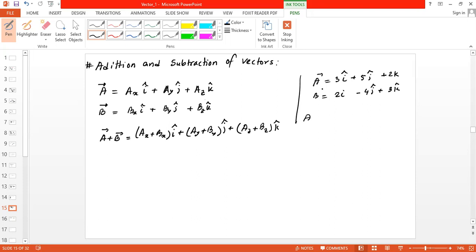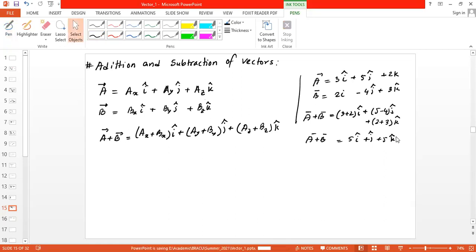So A plus B vector sum will be equal to 3 plus 2 i plus 5 minus 4 j plus 2 plus 3 k. So A plus B vector is basically equal to 5i plus 1j plus 5k. Is it clear?